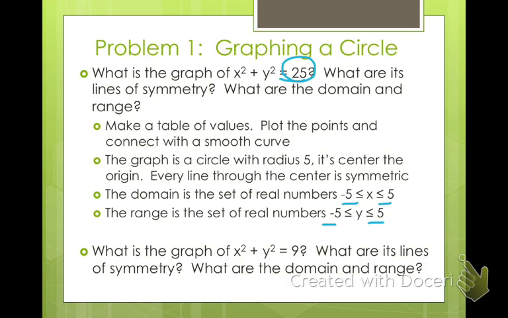So you take the square root of whatever that number is. The square root of 9 is 3 and negative 3. We have center at (0, 0), and our lines of symmetry, we have an infinite number because it's a circle. Our domain is negative 3 is less than or equal to x, which is less than or equal to 3, and our range is negative 3 is less than or equal to y, which is less than or equal to 3 as well.